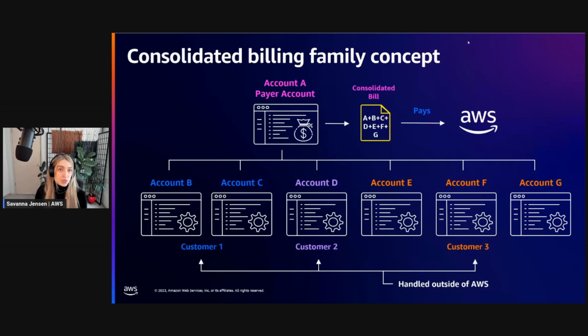That payer receives one consolidated bill and then pays AWS. All of that customer delineation, as you can see at the bottom there, is handled outside of AWS, and you just receive one consolidated bill that includes all of those linked accounts' charges without any indication necessarily of where those customer boundaries lie.